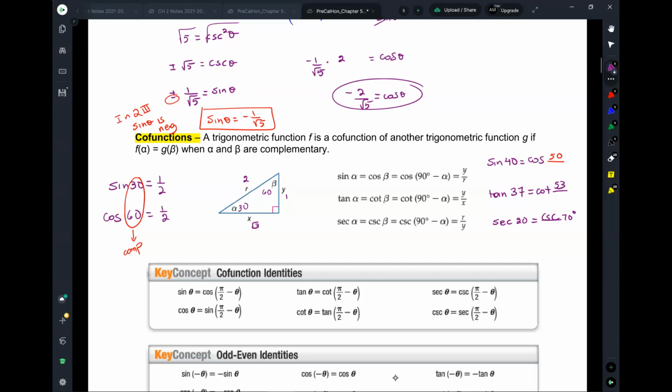Right? Is that really why they have the same name? Yeah. They're co-functions because cosine, cotangent, cosecant, they're buddies. They're like co-buddies. They're little partners in crime. It's like a dynamic duo.